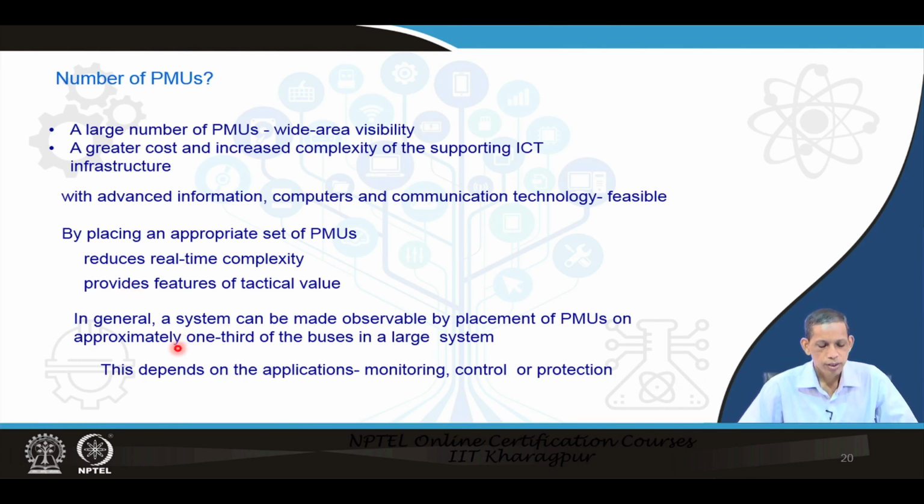In general, systems can be made observable from a simple observability point of view, state estimators or so. From that application perspective, a typical figure is one third of the buses of a large system, but all this depends upon how many PMUs, and upon the applications, whether it is for monitoring purposes, control applications or protection application.